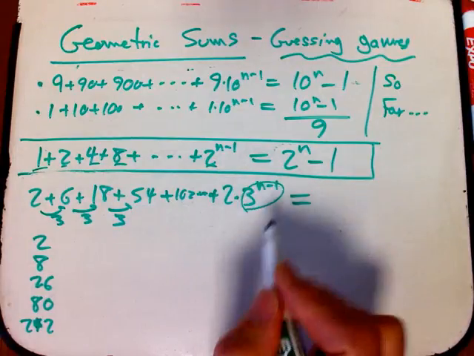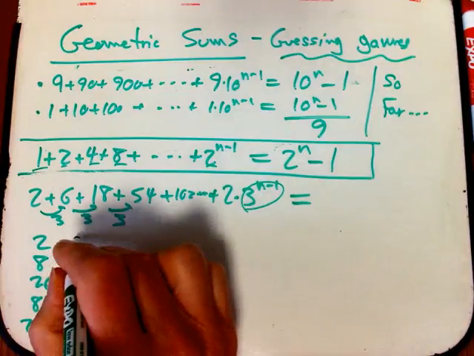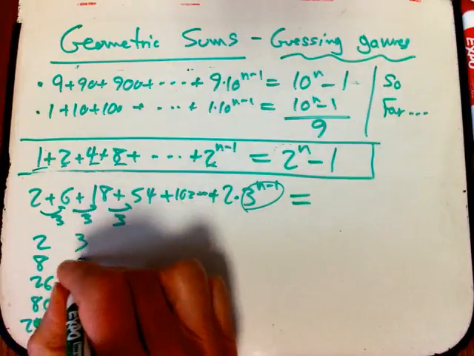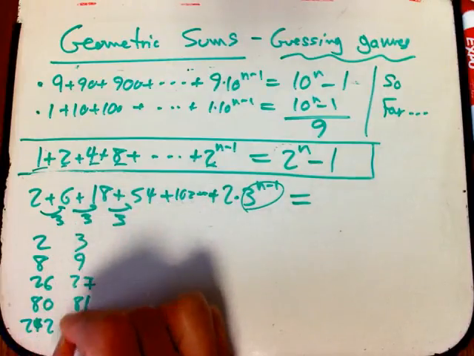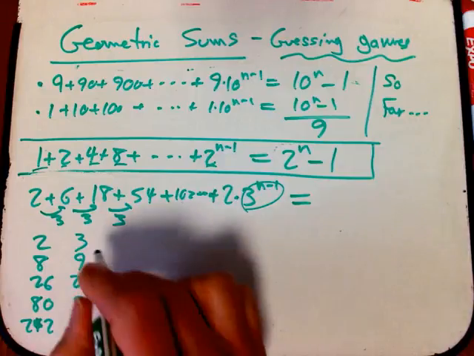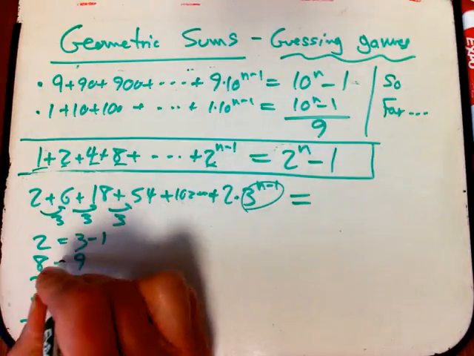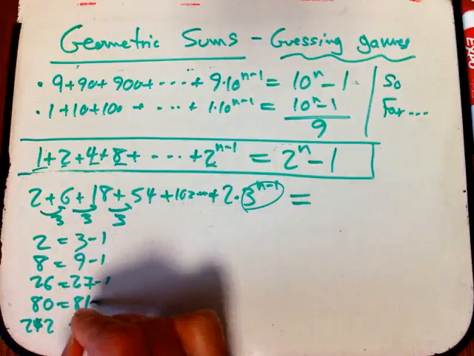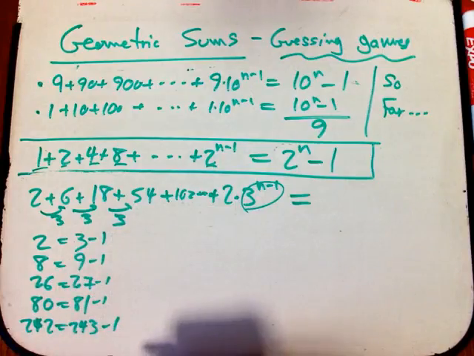So what are the crucial things here? The powers of 3 are really crucial, so I'm just going to write those next to it. I'm going to write 3, 9, 27, 81. The powers of 3. Okay, that makes it pretty obvious. That's that minus 1, that's that minus 1, and so on.